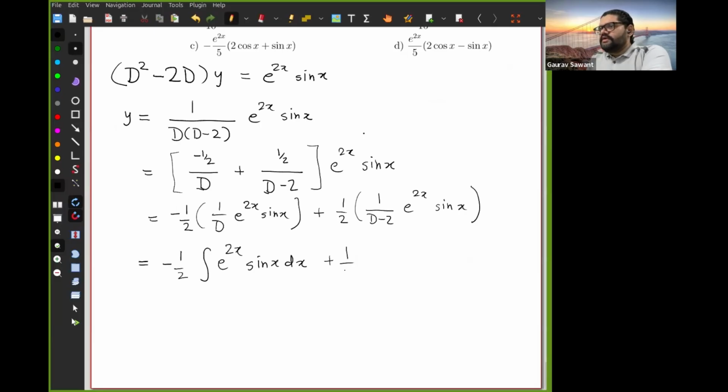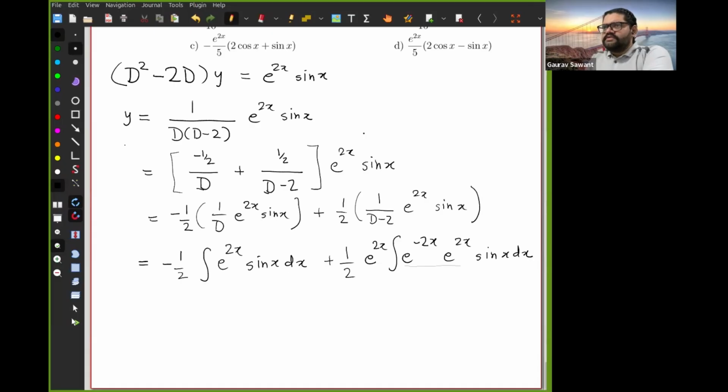For the next one, half, there is a D minus 2, so I will have e power 2x times integral of e power minus 2x times e power 2x sin x dx. The e power minus 2x and e power 2x will cancel out. You are left with just integral sin x dx, which becomes minus cos x.